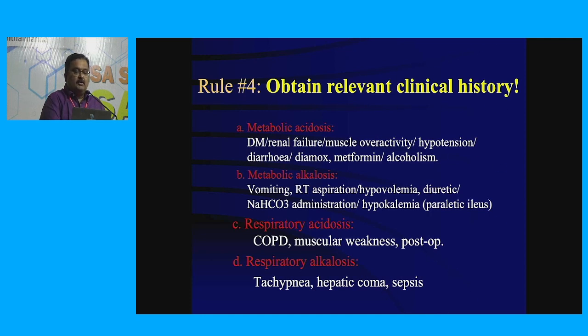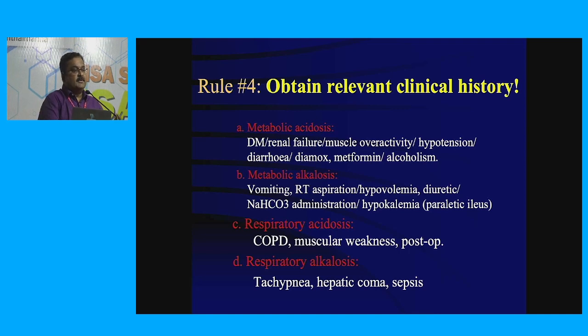The next very important rule is you should obtain clinically relevant history. You should know that there are certain things which are going to be there for metabolic acidosis, metabolic alkalosis, respiratory acidosis and respiratory alkalosis. Metabolic acidosis: diabetes, renal failure, metformin, diamox, diarrhea, all this will cause metabolic acidosis.